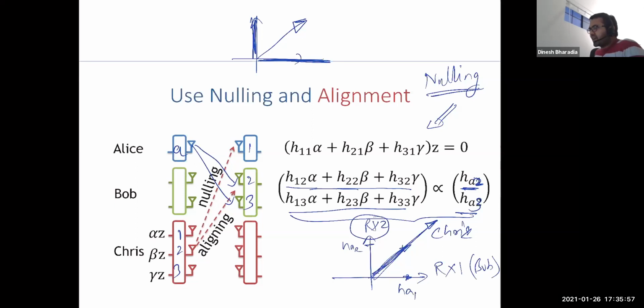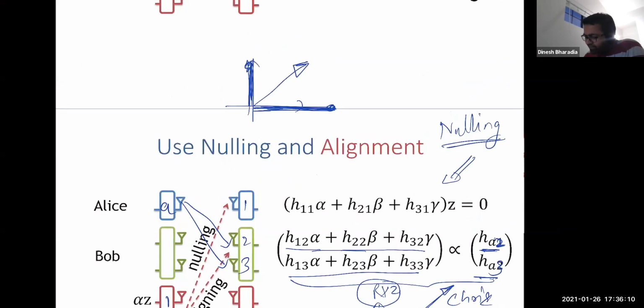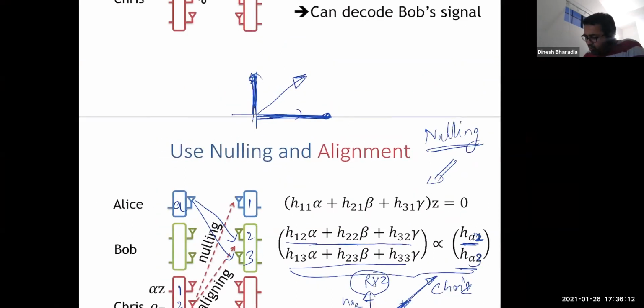So if I send one unit signal, it will be received by this much power at this antenna and this much power on this other antenna. Now, interference alignment is that you align the amount of power received on antenna 1 and antenna 2, to have a proportionality with each other.